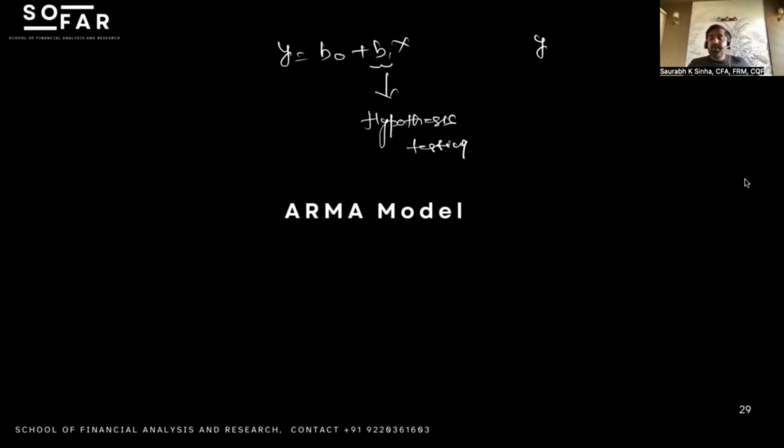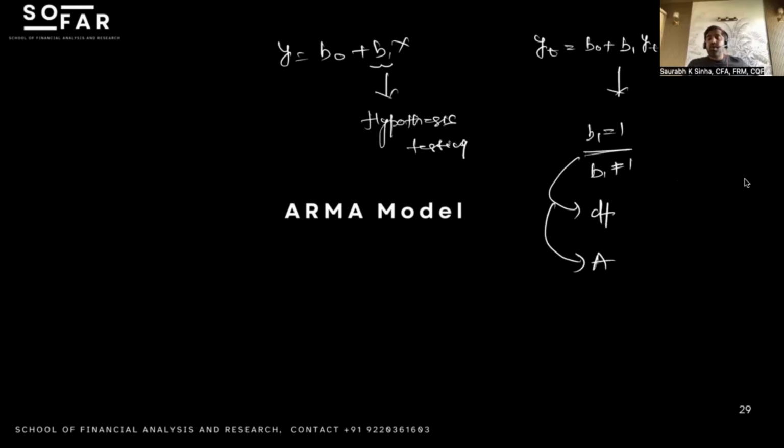Same way here, you have to perform a hypothesis testing to confirm if b1 is equal to 1 or not. The name of that testing is called the Dickey-Fuller test. What test? Dickey-Fuller hypothesis testing. The full name of this test is the Augmented Dickey-Fuller test.